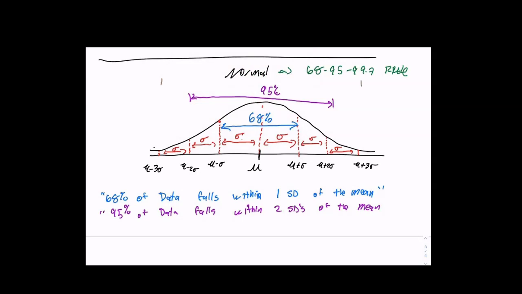How much data would I expect within 3 standard deviations of the mean? Look at the name of the model. 99.7. 99.7%. So you would, which is virtually all, right? Virtually, I can't even spell virtually.